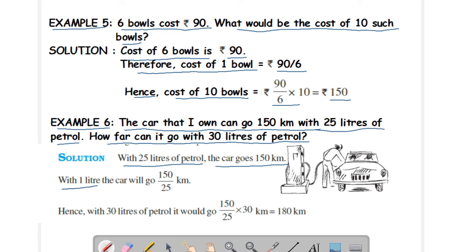So with 1 liter the car will go 150 upon 25 km. Hence, with 30 liters of petrol, it would go 150 upon 25 into 30 kilometers. And if you simplify it, you will get 180 kilometers. This is your answer.